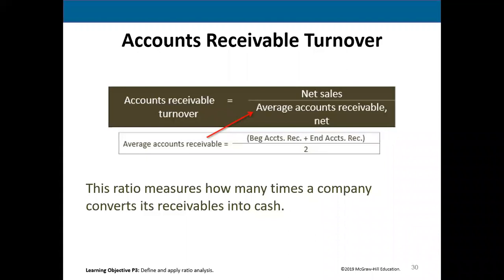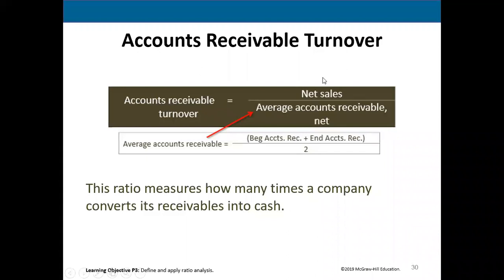Accounts receivable turnover is starting our next set of ratios that measure efficiency, how well the company manages major current assets. Accounts receivable is a major current asset. Now, how do you manage them? You collect them.